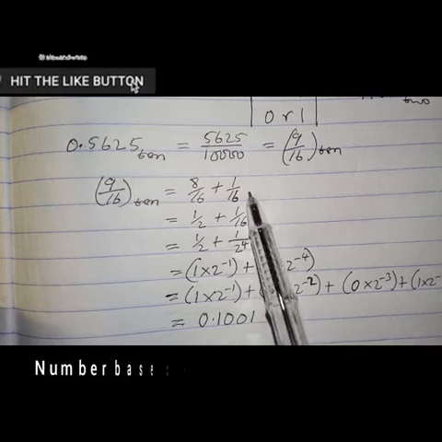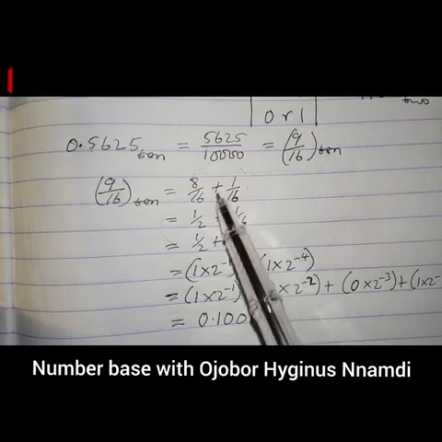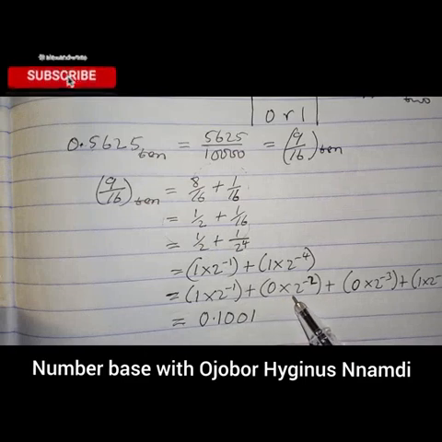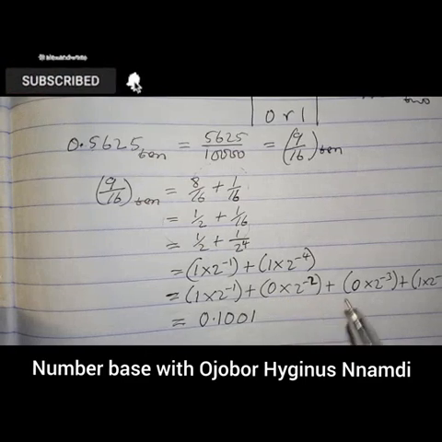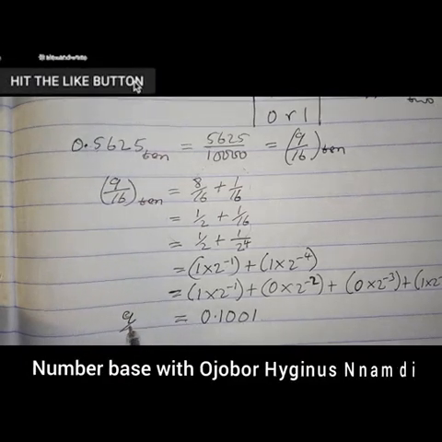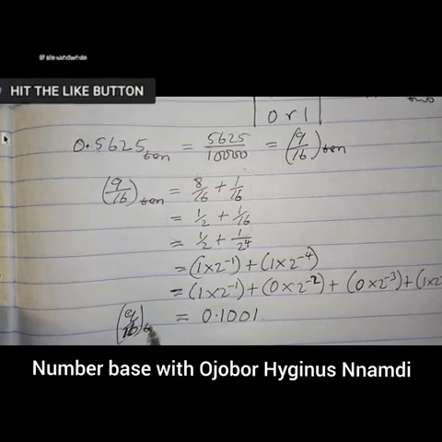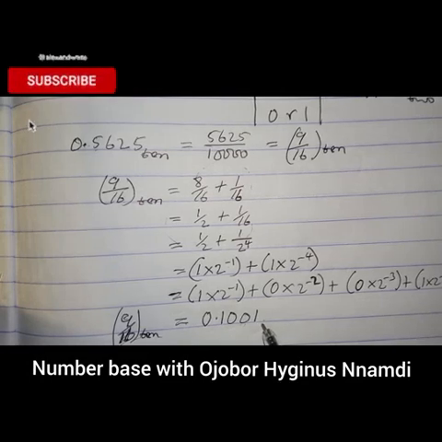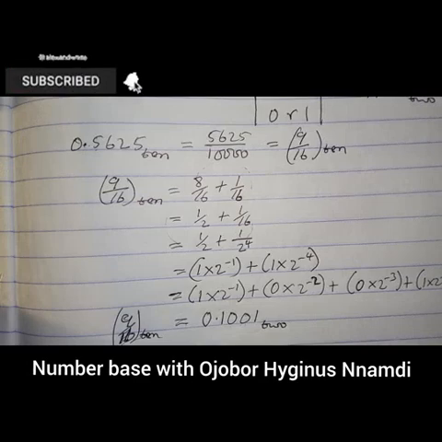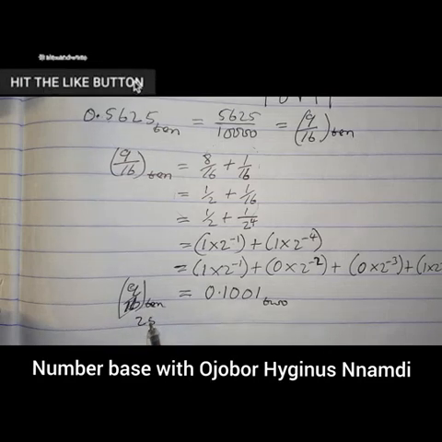And since they are not in this number, we just multiply them by 0. So any position that is not represented here, that you must represent, multiply it with 0. So that is how we've been able to convert 9/16 in base 10 to 0.1001 in base 2.